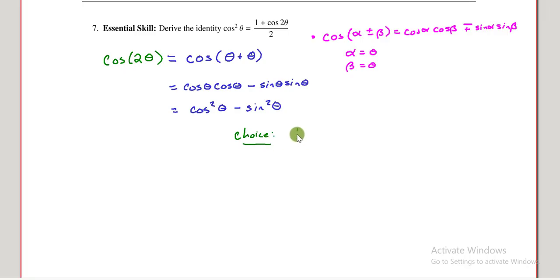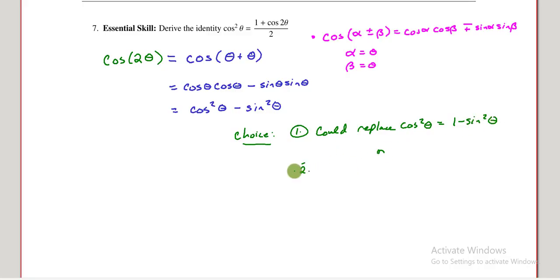We could replace cosine squared with something, or we could replace sine squared with something. So we could replace cosine squared of theta with 1 minus sine squared of theta.